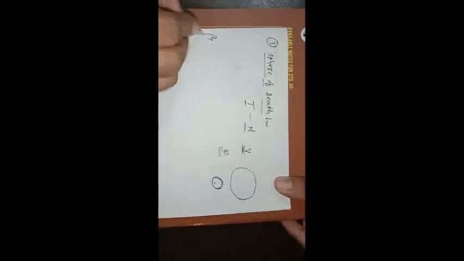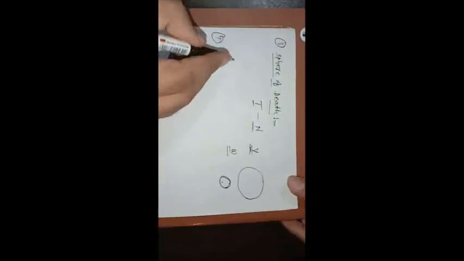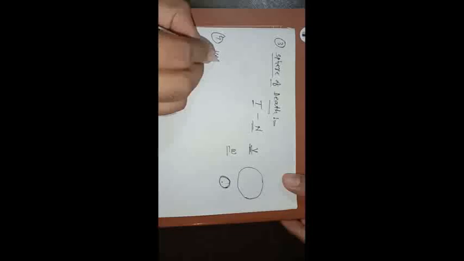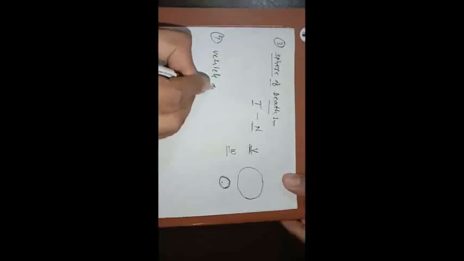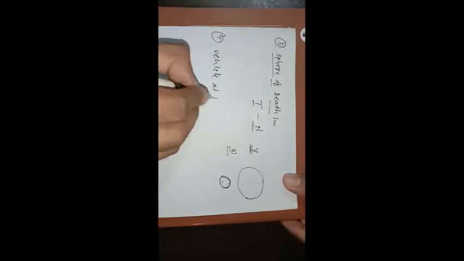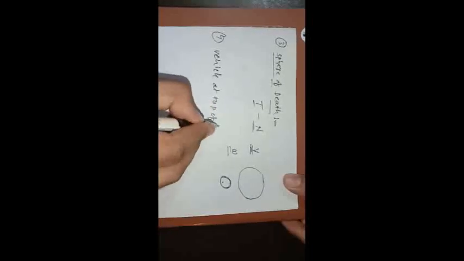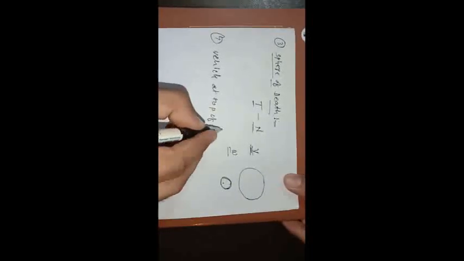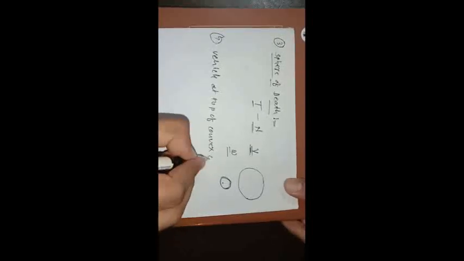Then the next point is the vehicle at the top of a convex overbridge.